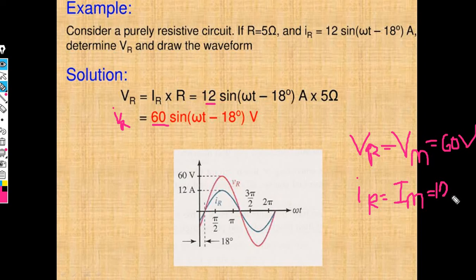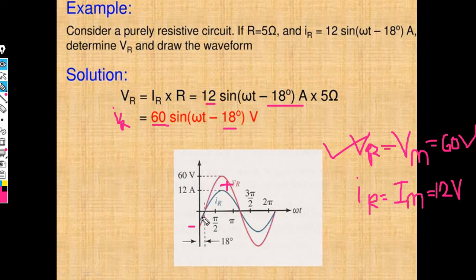Now we have to draw the voltage and current waveforms. The first waveform for voltage is here, but the angle is minus 18, because this waveform starts from negative to positive.